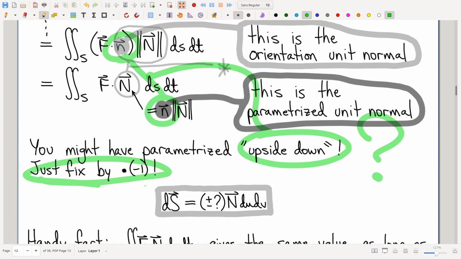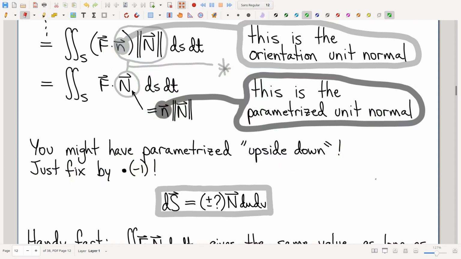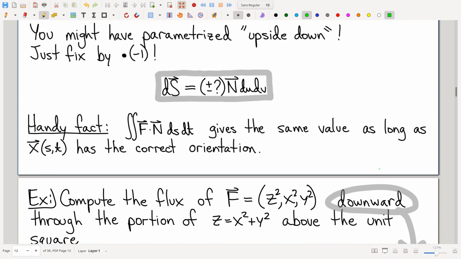Okay. So now the way I like to write this in the formulas, it's tempting to say that the dS vector is capital N du dv. This is something that you would naturally write down if you were sort of oblivious to this point that we just realized. But again, this might be wrong.